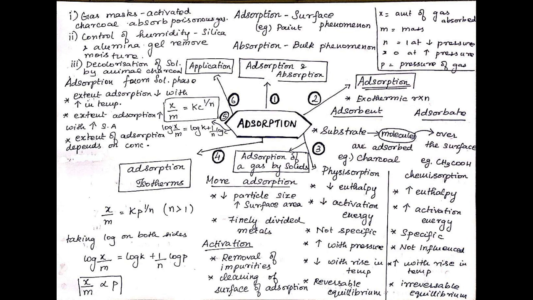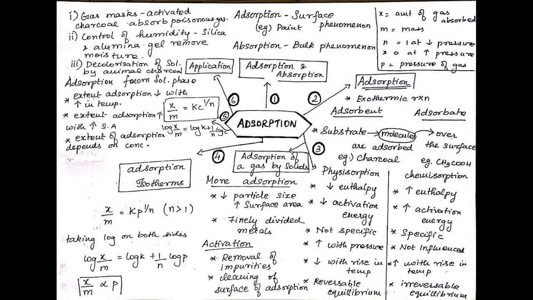Then she has explained the adsorption of a gas by solids. Okay, so where more adsorption happens, and what about activation? So she has listed out all these points. She has not missed even a single point here. And then in the fourth node, she has given the adsorption isotherm, where she has beautifully illustrated the equation.